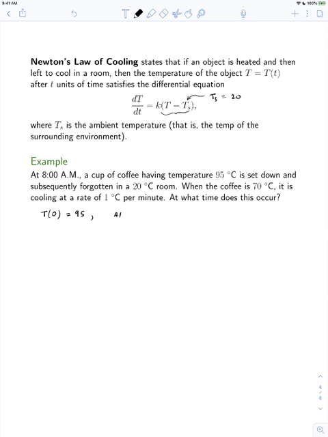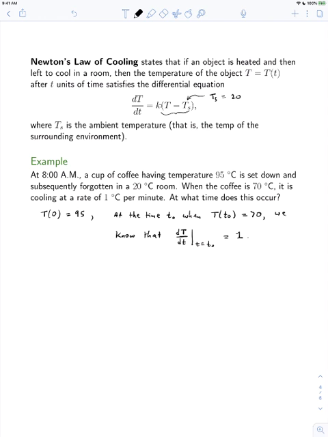So at the time t, let's call it t sub 0, when the temperature at t sub 0 is equal to 70, we know, because the problem tells us, that the derivative of capital T with respect to little t, at t equals t0, is equal to 1 degree Celsius per minute.